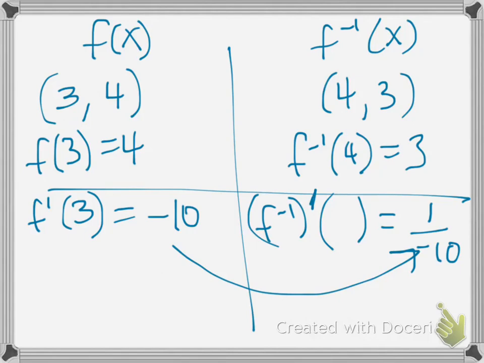Now, I left this part intentionally blank because this is the part that people get confused on. Should it stay 3? The answer is no. Remember, we want to match up our points. So here, this would be the number 4. Everybody see the relationship there?